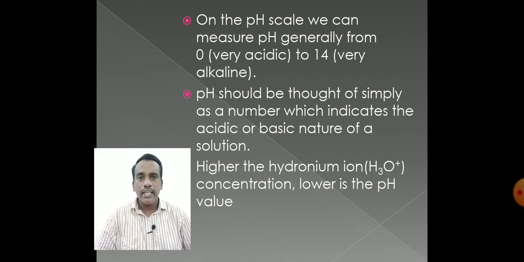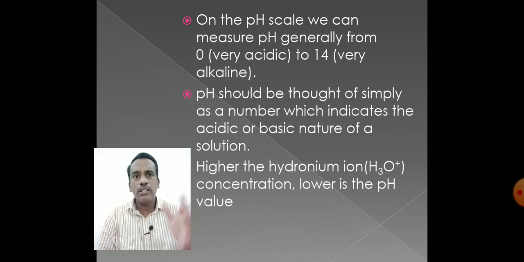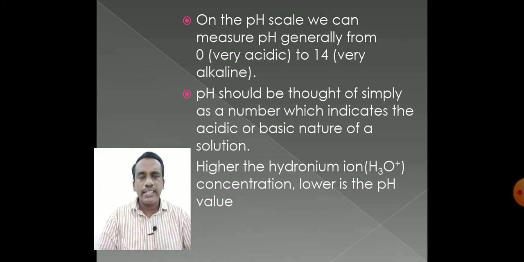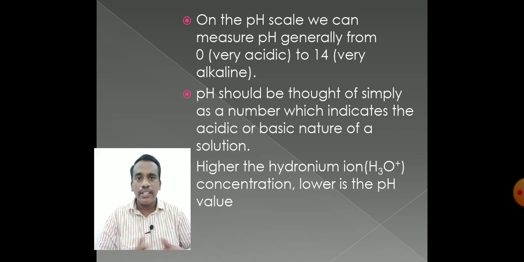Now we are getting how to define the strength of the acid or base. Please observe the pH scale. It is not the 15 centimeter or 30 centimeter scale that we use in regular life.